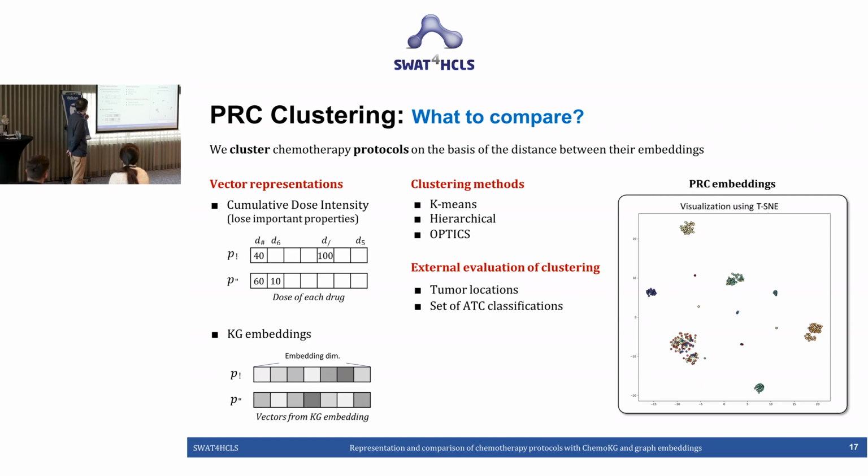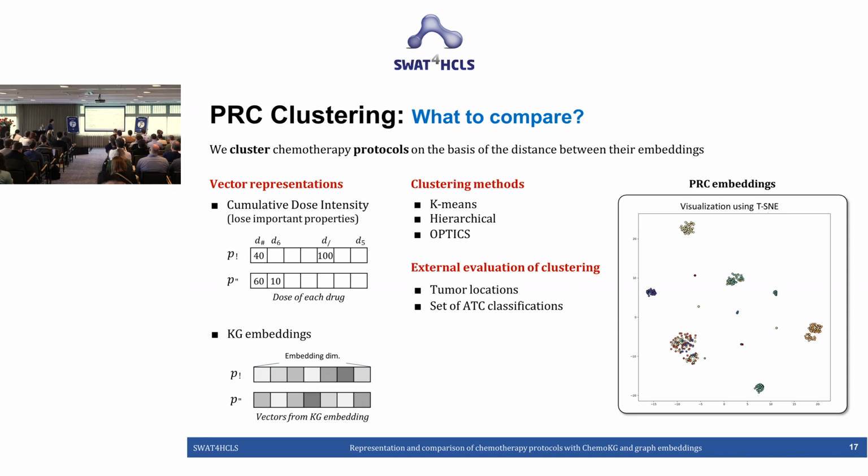It's very simple: each protocol has its drugs and their drug doses. Here, 40 or 100 are the doses, and there is no other information like the biological roles or ATC. So that's the very basic representation.